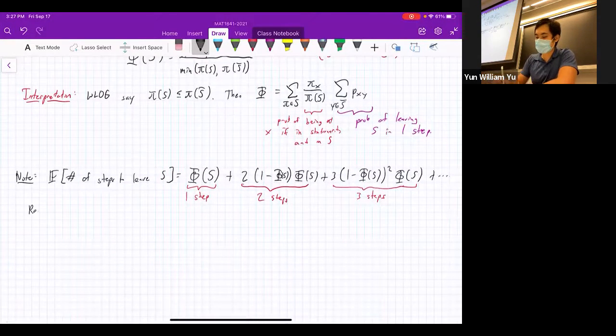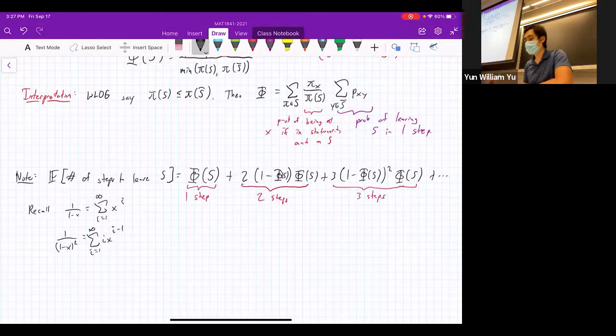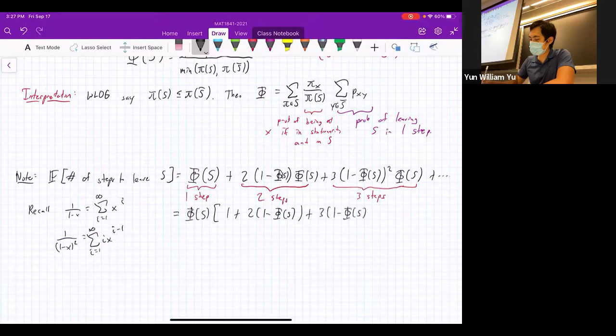So just recall that 1 over 1 minus x is the sum from i equals 0 to infinity of x to the i. And therefore 1 over (1 minus x) squared is equal to the sum from i equals 1 to infinity of i times x to the i minus 1, right? And that's exactly what we have here. So if we bring out the phi of S, you're left with 1 plus 2 times (1 minus phi of S) plus 3 times (1 minus phi of S) squared plus dot dot dot.